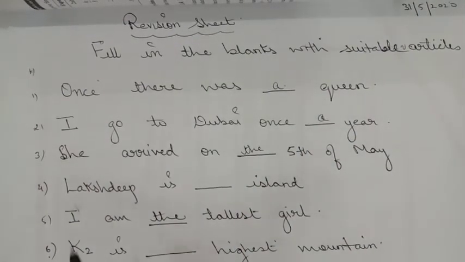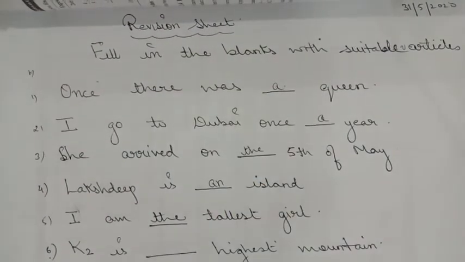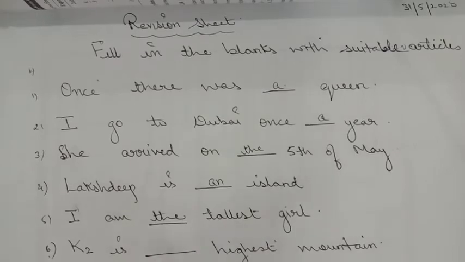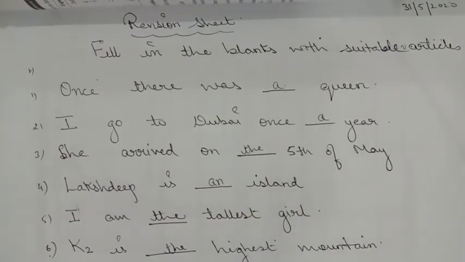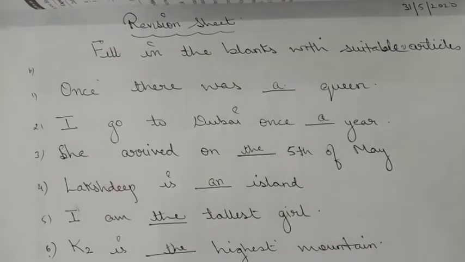Okay? Lakshadweep is an island. I am the tallest, superlative degree. K2 is the highest, superlative degree. She is a European, though it is starting with E, but the sound is of U. Okay?